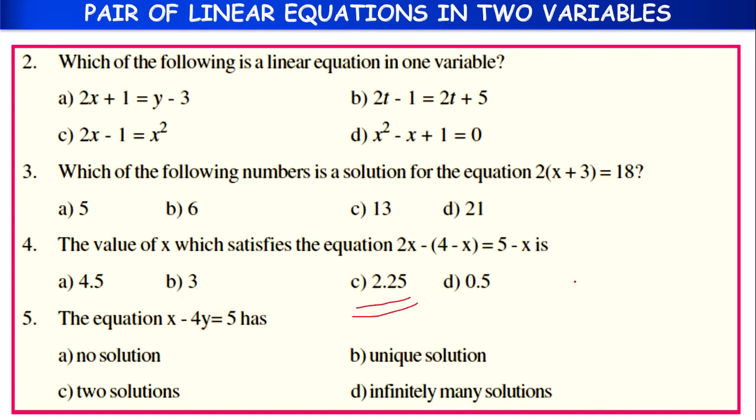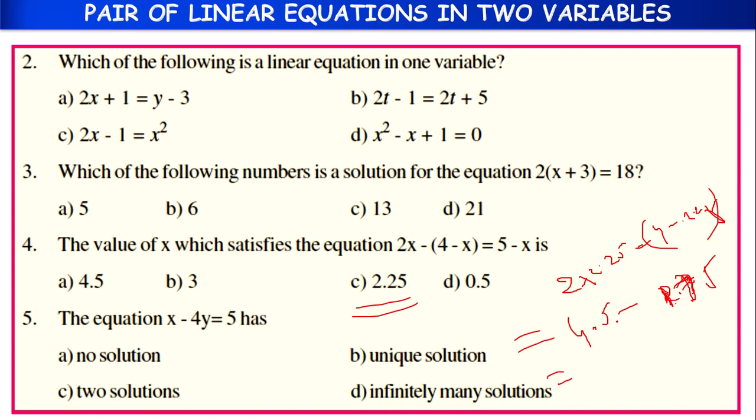Next, 2.25. 2 into 2.25 minus 4 minus 2.25. So 2 into 2.25 is 4.5. 4 minus 2.25, we will get 1.75. 4.5 minus 1.75 will be equal to 2.75.